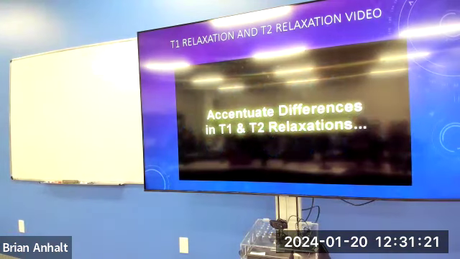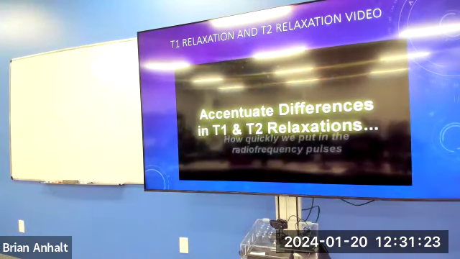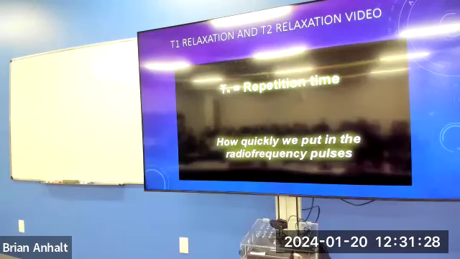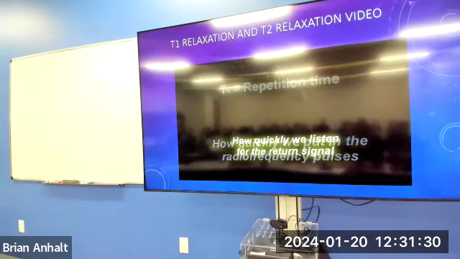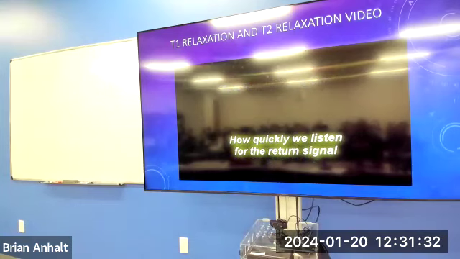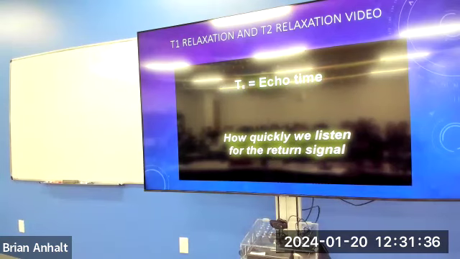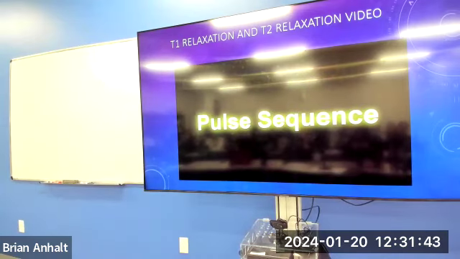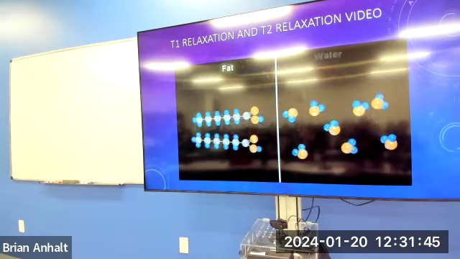We can accentuate and measure these differences by changing how quickly we put in the radio frequency energy, or the repetition time, designated TR, and how quickly we choose to listen to the signal coming back from the transverse magnetization, or echo time, designated TE, of the precessing protons. This process is referred to as the pulse sequence, and we will use a sample of fat and water to demonstrate these differences.